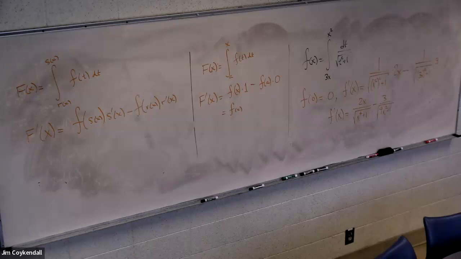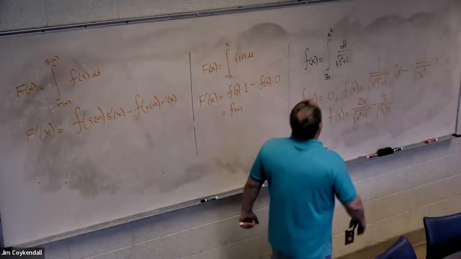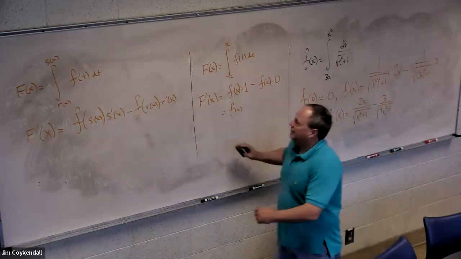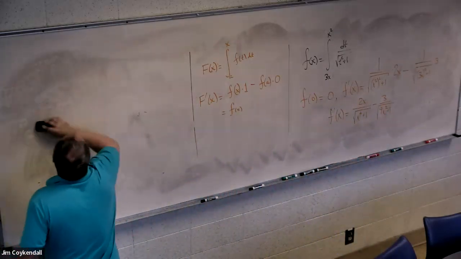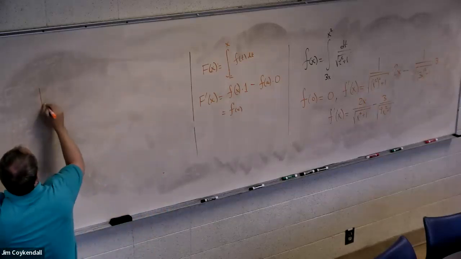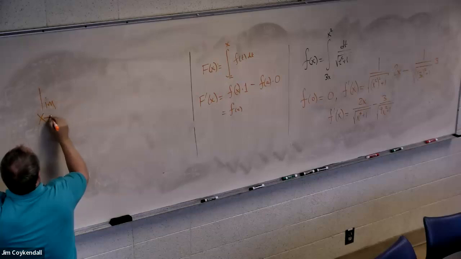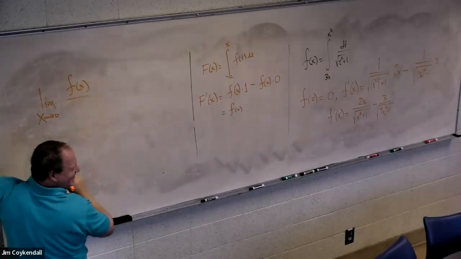So what else is on that problem? It might behoove us to finish that off. So let's do that. The limit of f of x over x. Is that right?